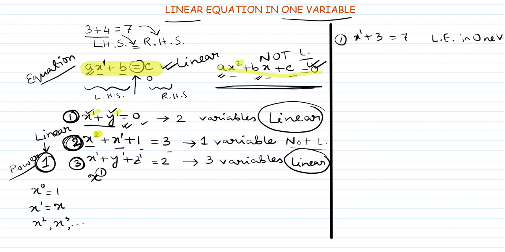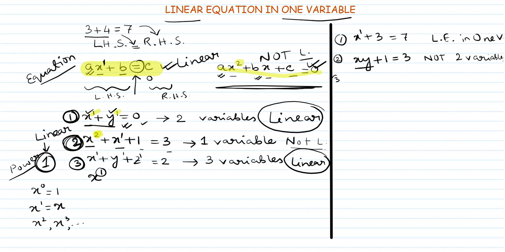Second example, let us say xy plus 1 equal to 3. Here in the first term, two variables are present. So, it is not a linear equation in one variable because two variables are there.